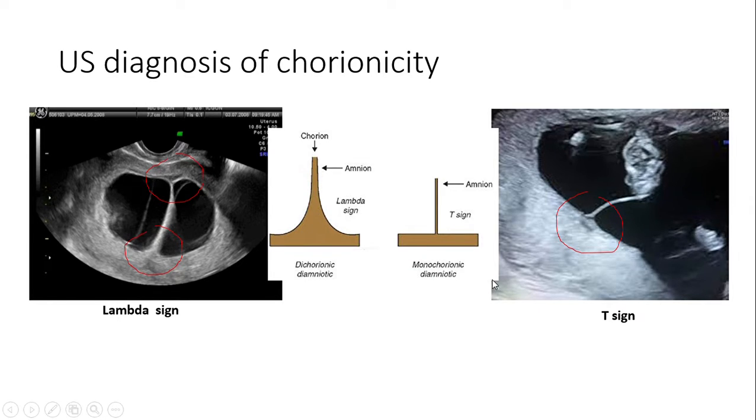And here, these two amnions between here and here, you see this is usually in monochorionic diamniotic twins. So the chorion or placenta is 1 and there are 2 amnion sacs.